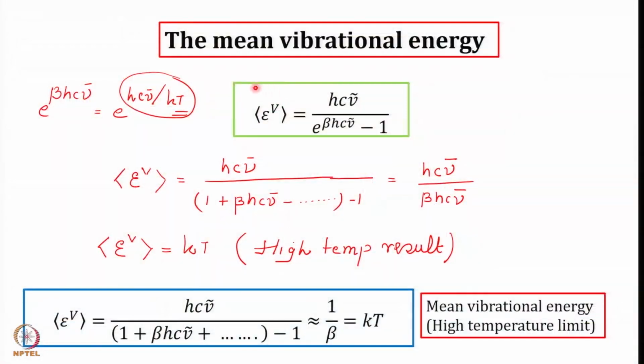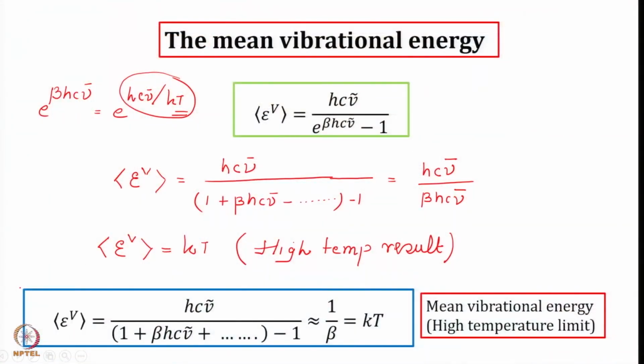Once we have the expression for the vibrational partition function, it is easy to derive an expression such as this for the mean vibrational energy. Now when you talk about mean electronic energy, in that case also you require the expression or the value for the partition function.